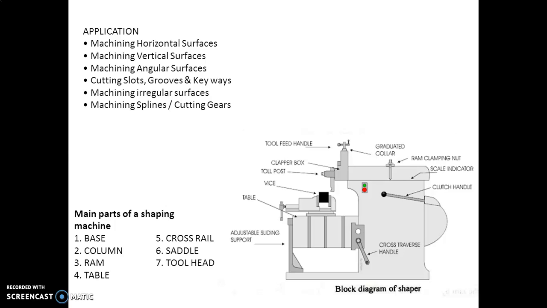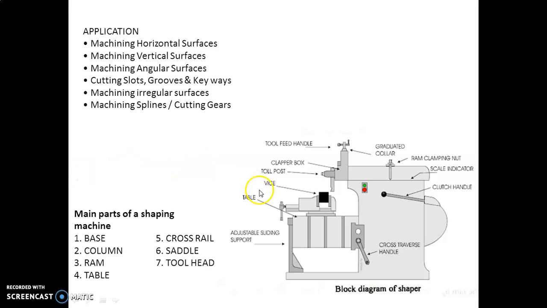The tool post and the tool block fit snugly in the clapper box and are hinged at the upper edge. During the forward cutting stroke, the tool block is solidly supported against the clapper box due to the cutting force. On the return stroke, the tool block is free to swing forward from its pivot.